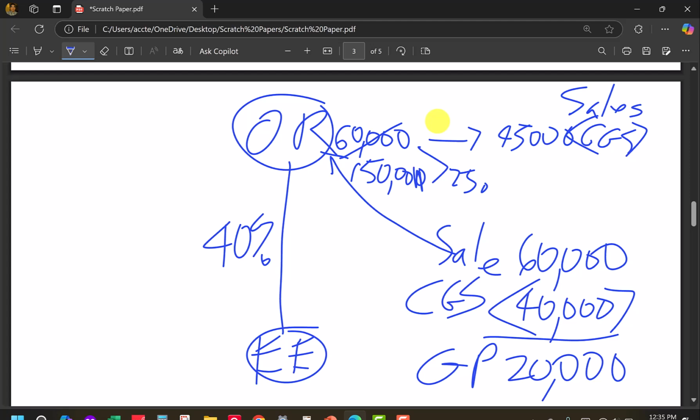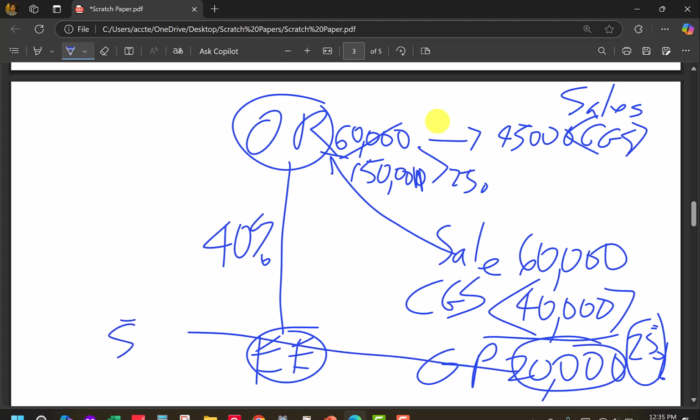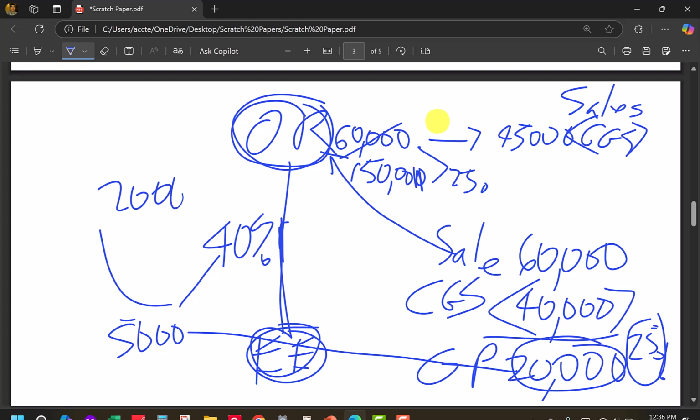In other words, 25% of this profit, part of it has to be deferred. 25% of 20,000 is 5,000. But not all 5,000 is going to be deferred because our investor doesn't own 100% of the investee. We only own 40%. So $2,000 of this 20,000 profit has to be postponed.